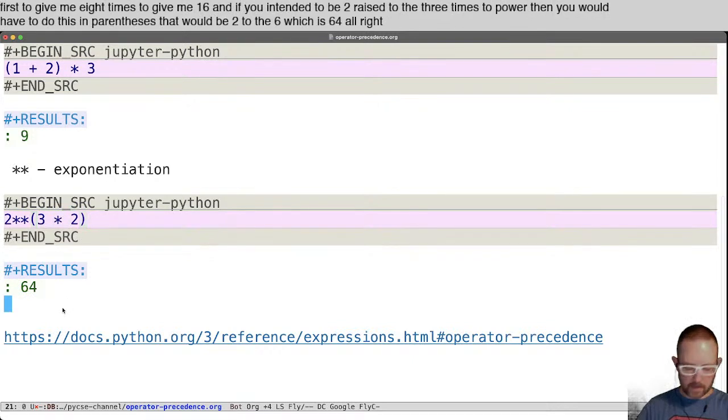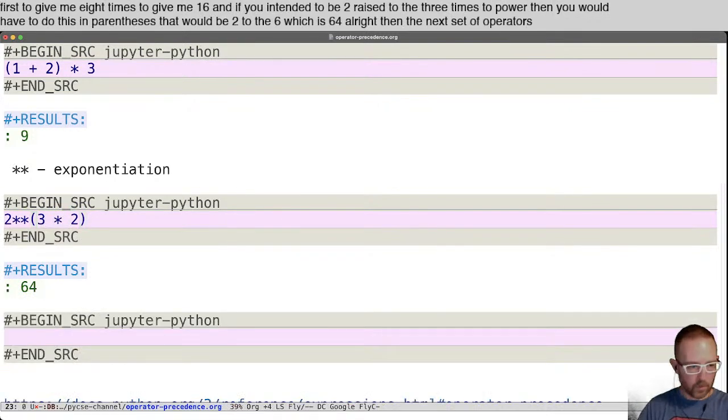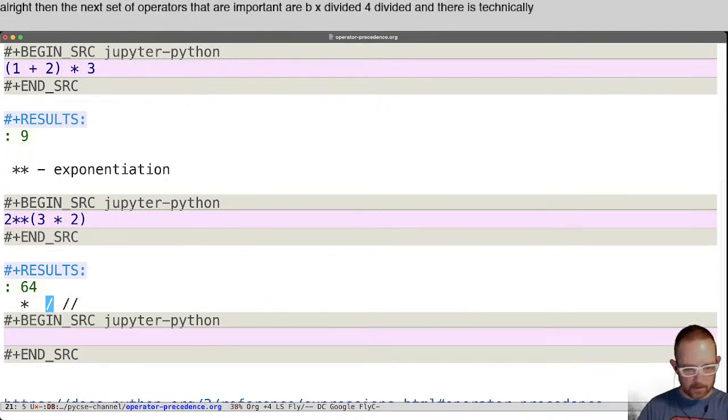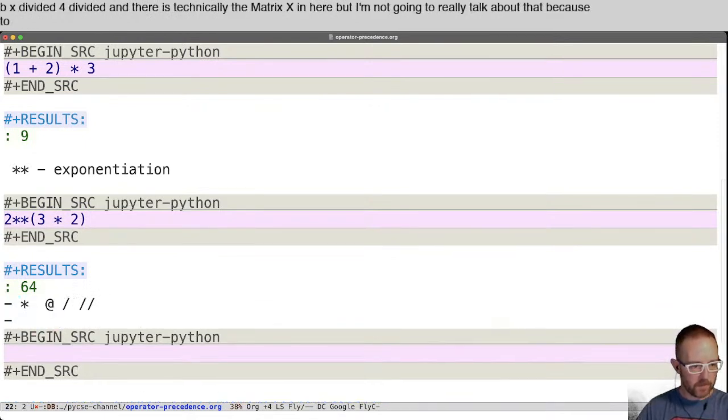All right, then the next set of operators that are important are the multiply, divide, floor divide, and there is technically the matrix multiply in here, but I'm not going to really talk about that, because to get to matrix multiply we have to have arrays.